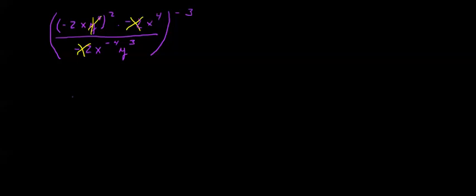All right. Now looking at my numerator, negative 2 to the second power is positive 4. X to the second power, x to the sixth power, over x to the negative fourth, y to the third, all raised to the negative third.